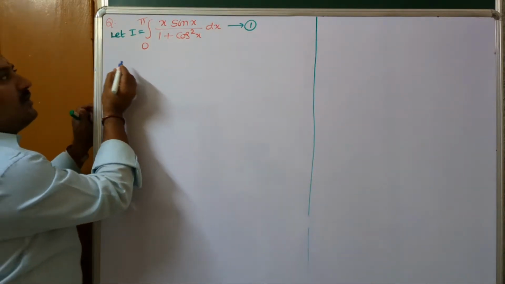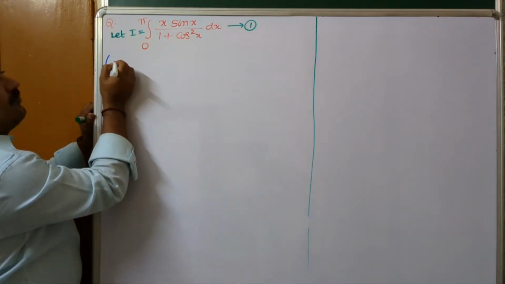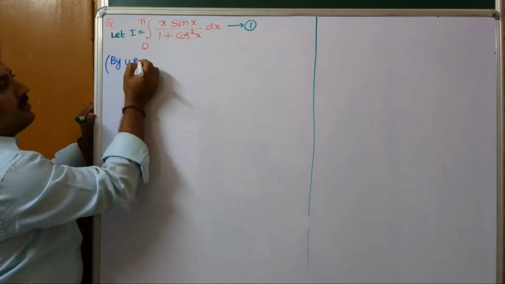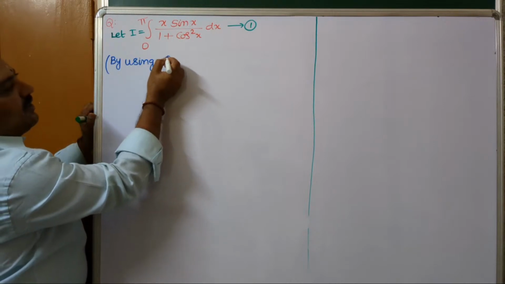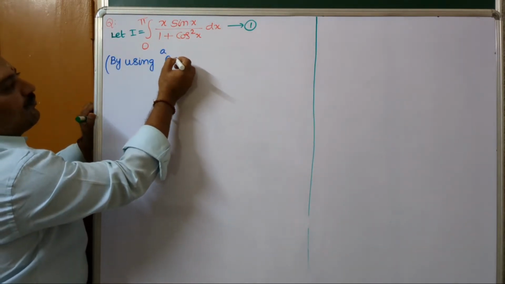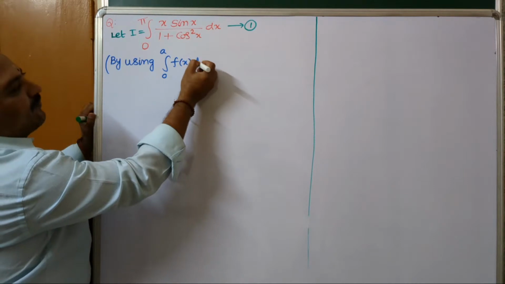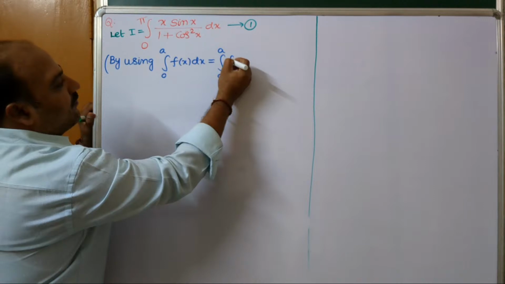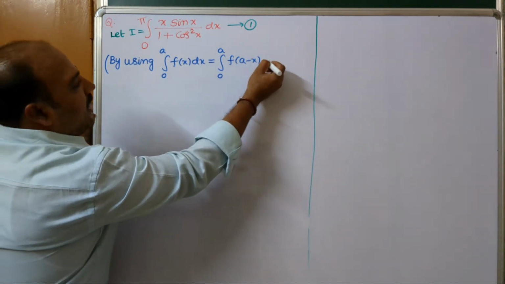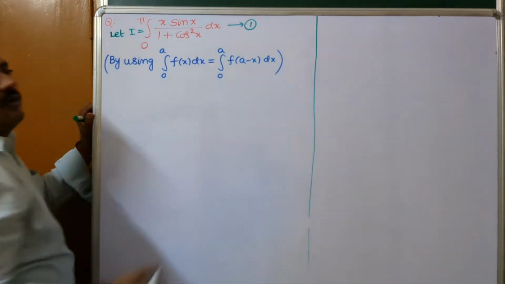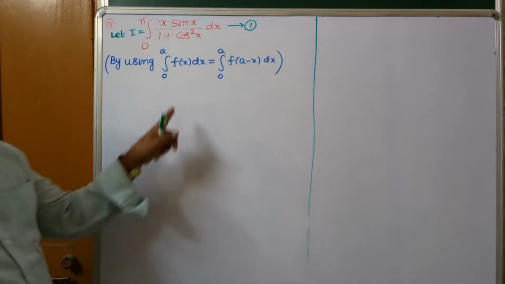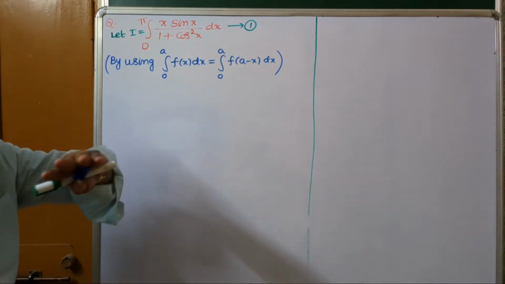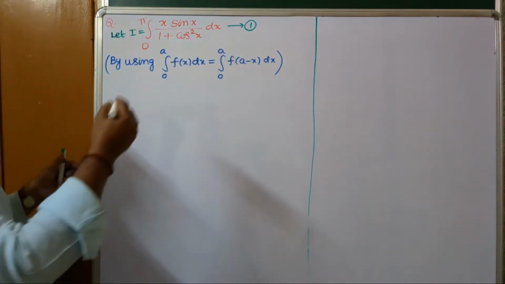After that, again we have to apply the property, integral 0 to a f of x into dx is equal to integral 0 to a f of a minus x into dx. Out of 7 marks, writing this formula and getting the step till there is 1 mark. Whether you continue or not, that is secondary.